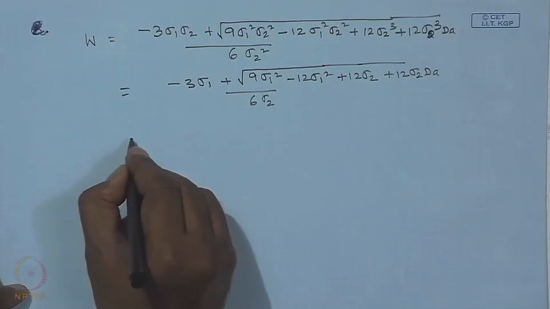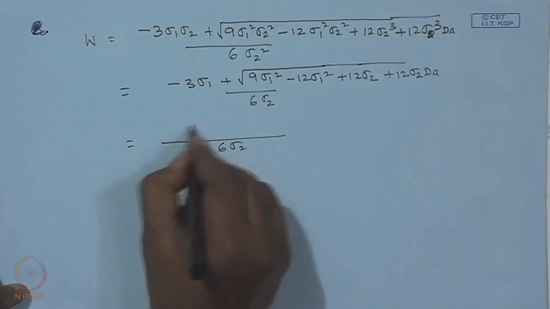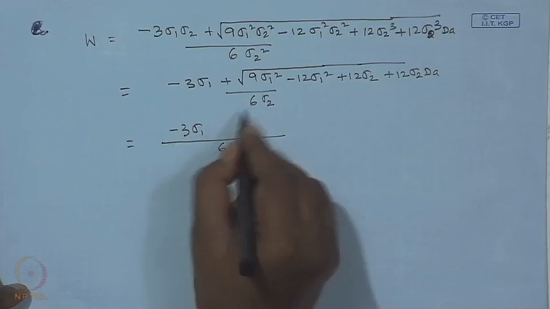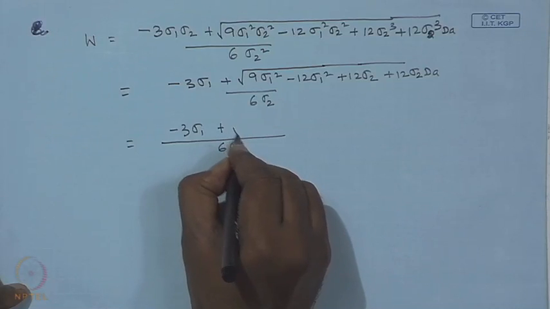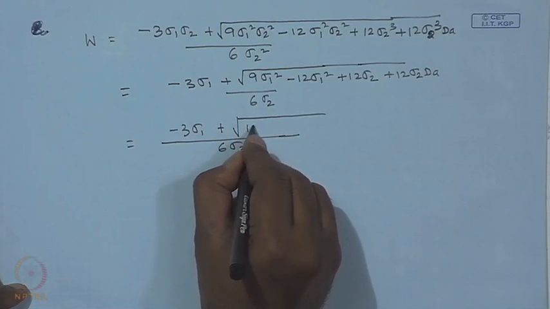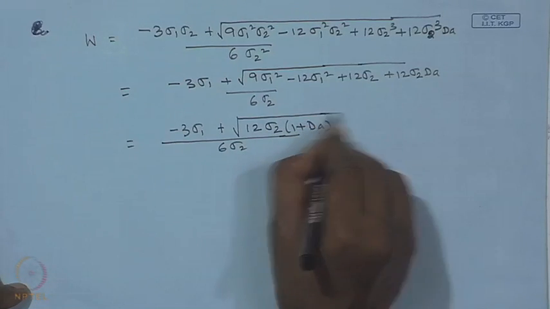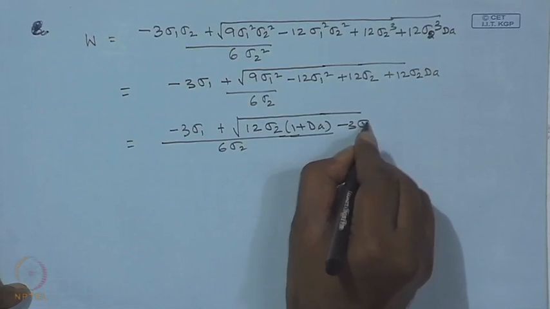One sigma 2 will be cancelling out. So, this will be 6 sigma 2, minus 3 sigma 1 plus root over 12 sigma 2 into 1 plus dA minus 3 sigma 1 square.